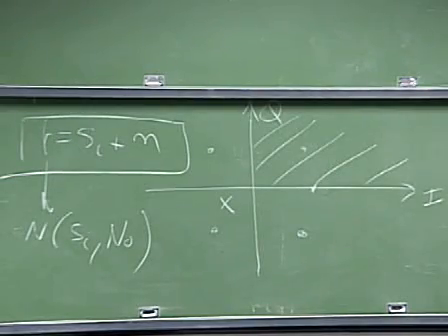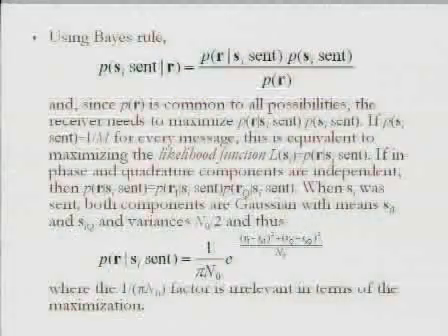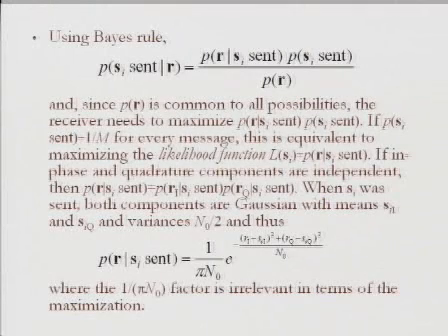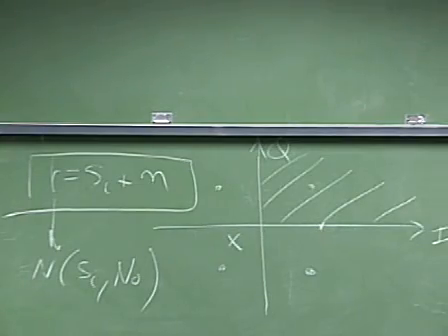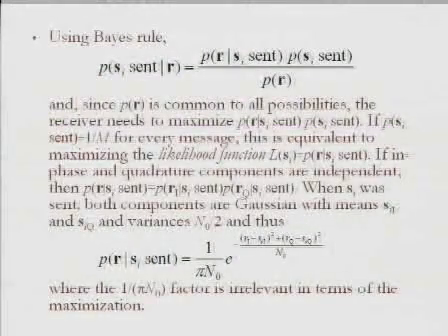Now, the in-phase and the quadrature components are both real Gaussians. And so what's the PDF of this variable? It's a two-dimensional Gaussian, so it's the product of two one-dimensional Gaussians.